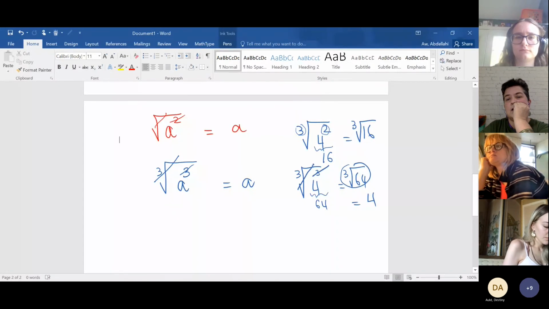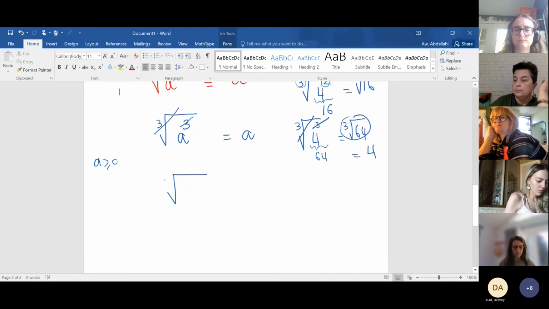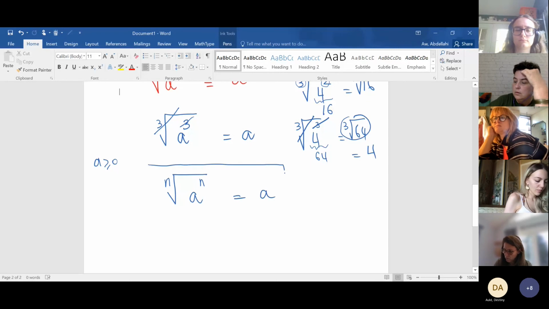So when a variable is non-negative, when the index of the radical and the power inside match, they cancel each other.